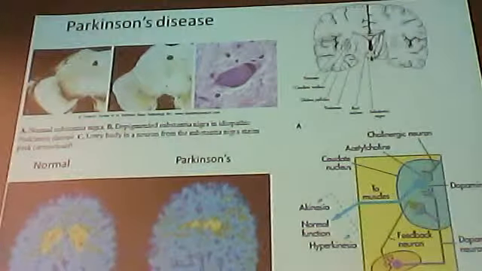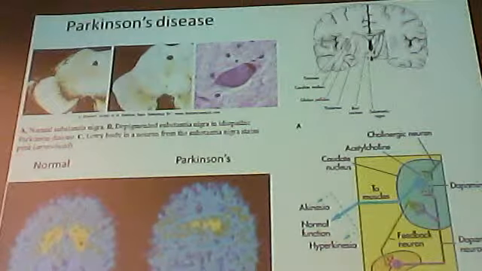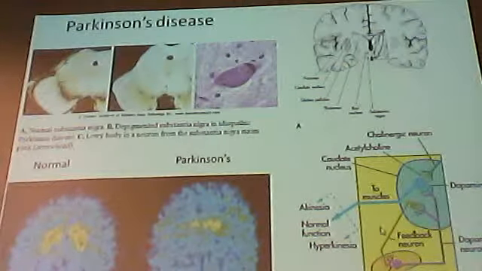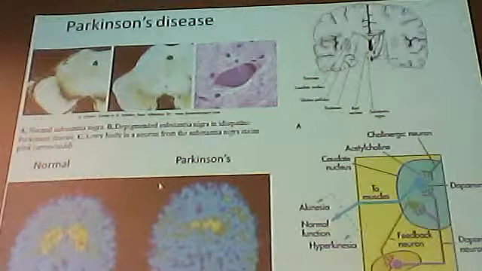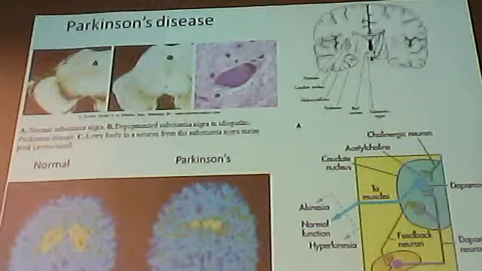And then Parkinson's disease is a problem with the substantia nigra, and so that's responsible for making dopamine. The substantia nigra is black because of melanin, a type of melanin that it produces.